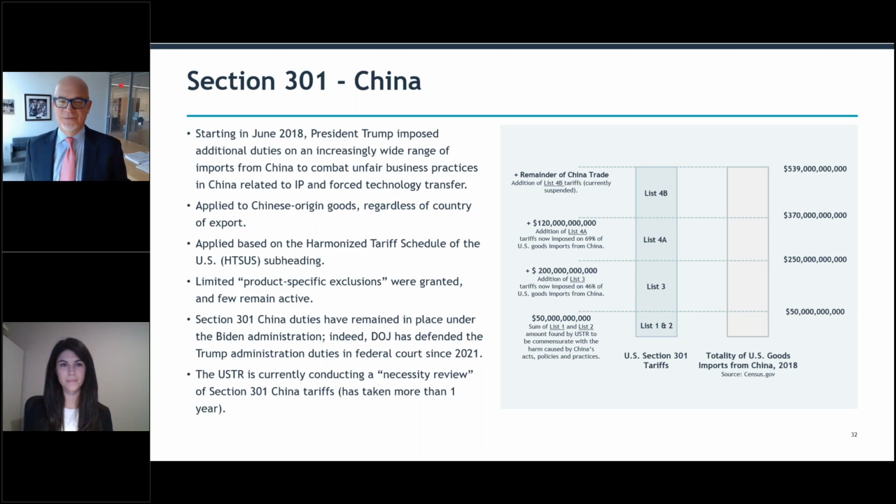The necessity review has already taken much longer than a year to conduct, and unfortunately there's no deadline in the statute indicating when that review should be done, and so I think the Biden administration is taking advantage of that reality.